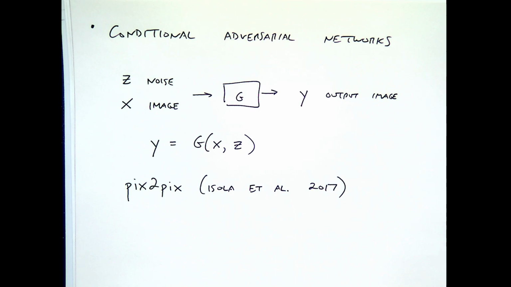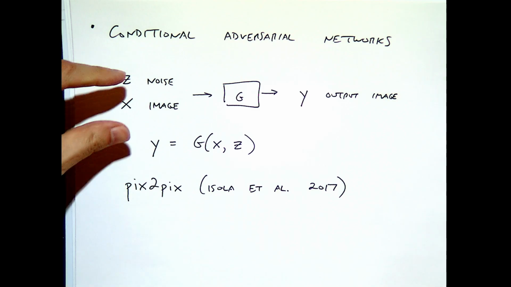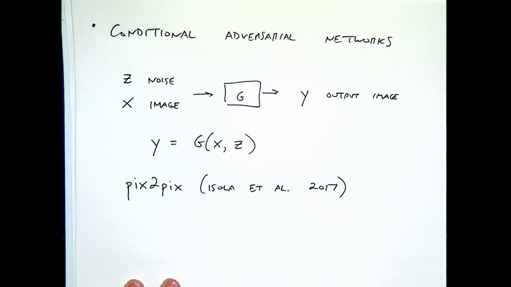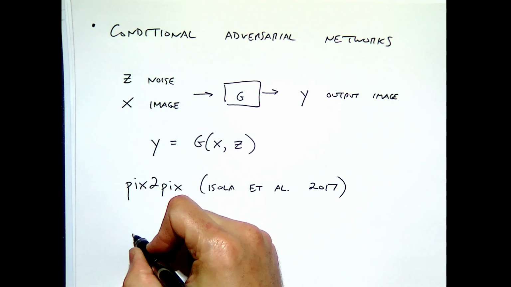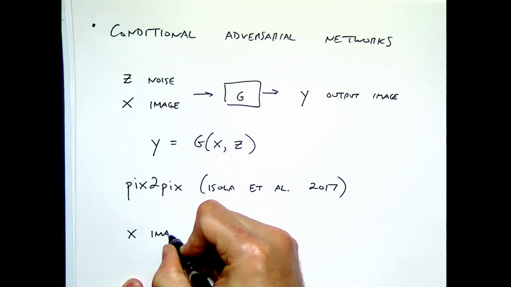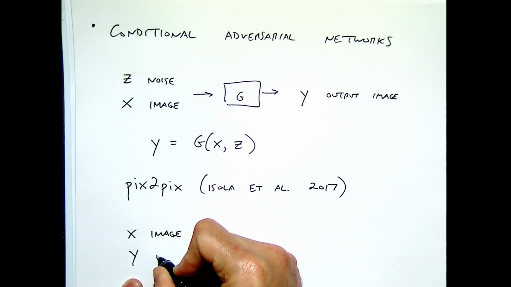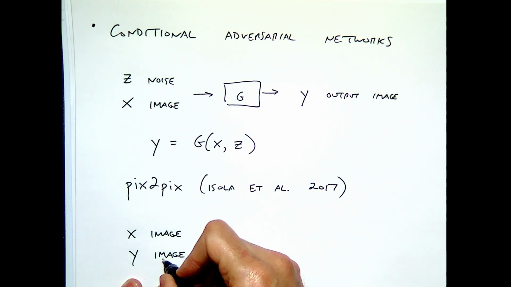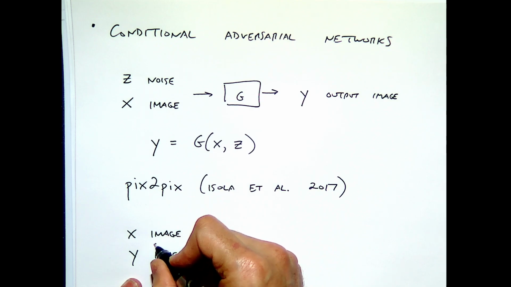Okay, and so how does this work? So this is the generator, right? And then the discriminator is considering both the input image and the output image when it's making a decision. So basically, I have X is my image, and Y is another image. So it's kind of like saying that Y is like an output.